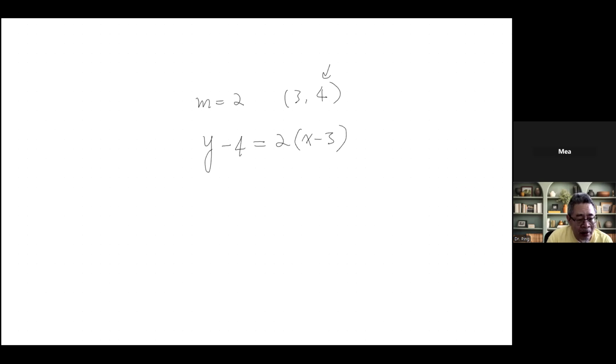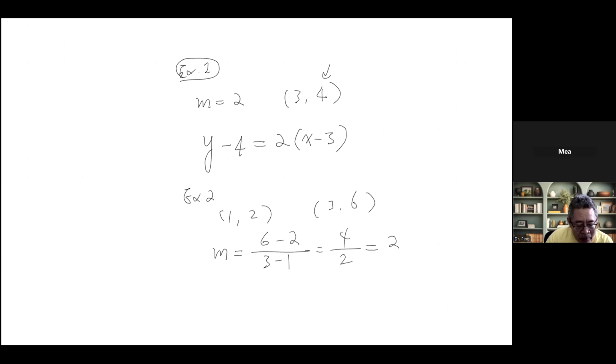Okay. And this is our first example. And the second example is that we know 2 points, (1, 2) and (3, 6). We're going to write this form. And so, of course, we need to find the slope, which is 6 minus 2 over 3 minus 1, and this is 4 over 2, which is 2.